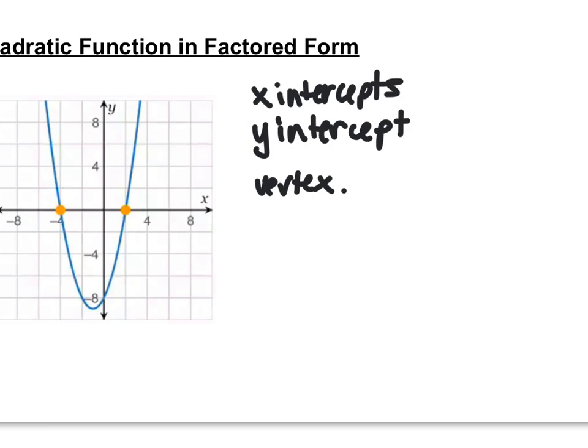For x-intercepts, we use the factored form. For the y-intercept, we plug in 0 for x.